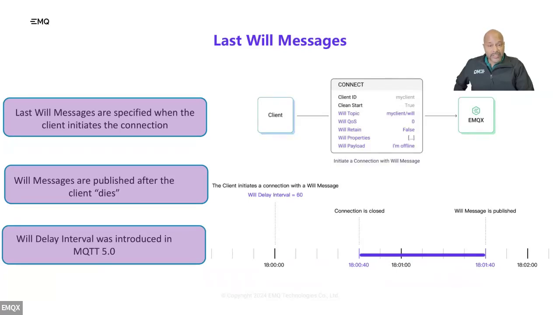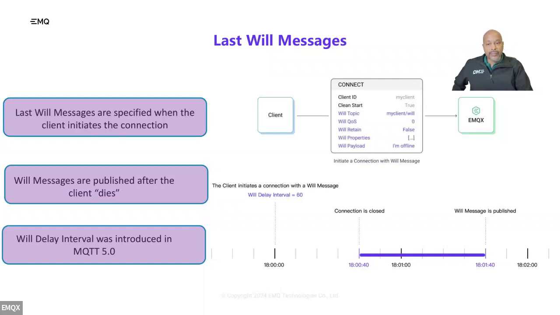Those messages are specified when the client becomes online, and with MQTT 5, we have what's called a will delay interval. In the case you see here, we have an interval of 1 minute. So when the client disconnects, and the broker is no longer receiving communication from that client during that period, the will payload is then published.